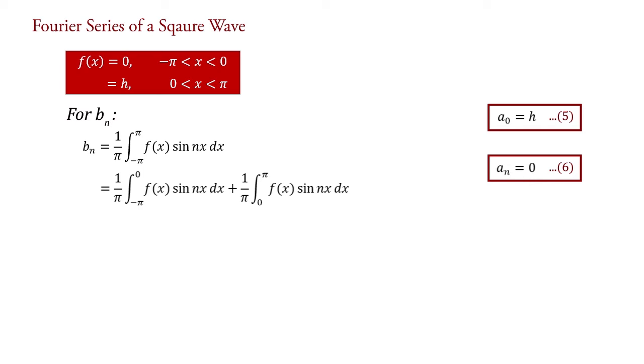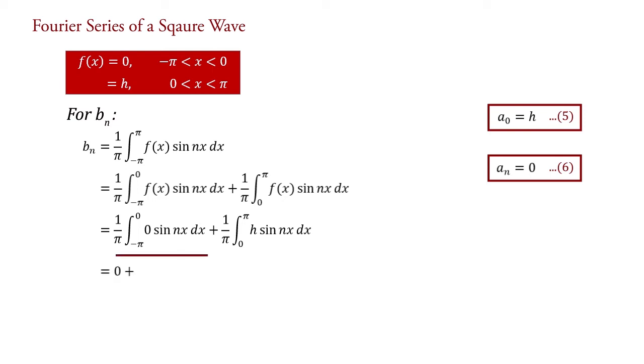Putting the value of f of x, in interval minus pi to 0 it is 0 and in interval 0 to pi it is h. Therefore, bn equal to 1 upon pi integral minus pi to 0 0 into sin nx dx plus 1 upon pi integral 0 to pi h sin nx dx.